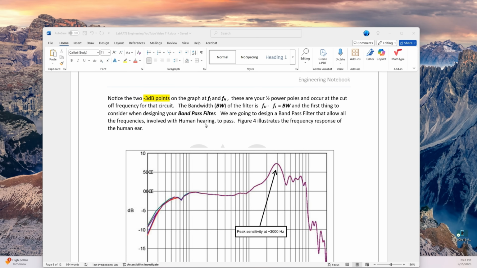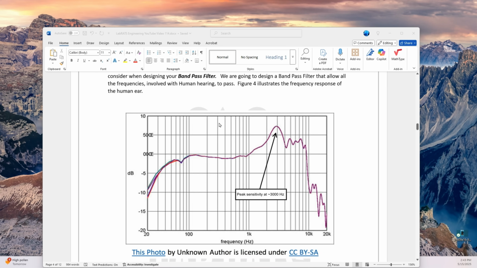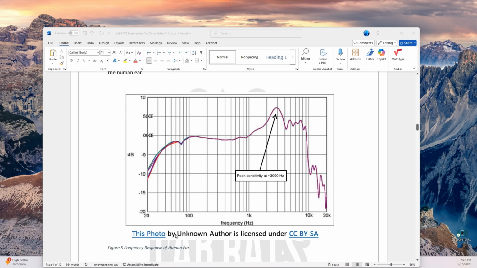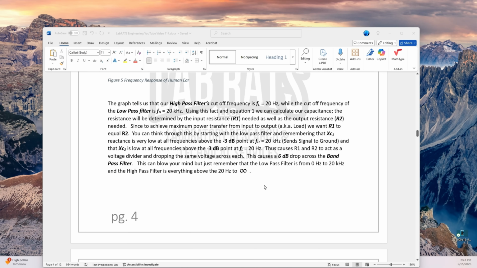The first thing to consider when designing your bandpass filter is what you want your FH and FL to be. We are going to design a bandpass filter that will allow all the frequencies involved in human hearing to pass. Figure 4 illustrates the frequency response of the human ear, and it's from 20 hertz to 20 kHz.